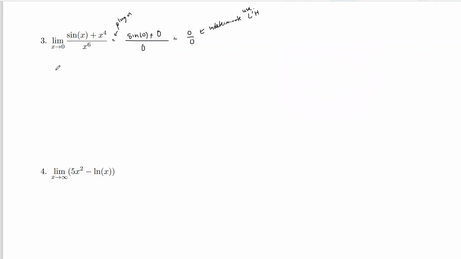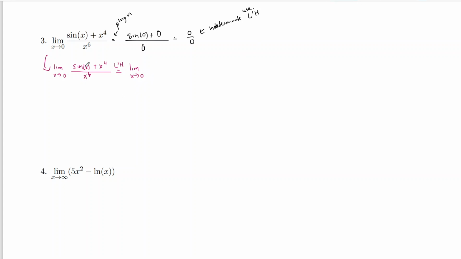And this is an indeterminate form that we can do L'Hopital's rule on again. L'Hopital's rule says, let's go ahead and do derivatives. So I'm going to do what I've been doing, rewrite it. We have the limit as x goes to 0 of sine of x plus x to the 4th over x to the 6th equals, and then L'Hopital's rule says, oops, I switched to infinity by mistake, 0.